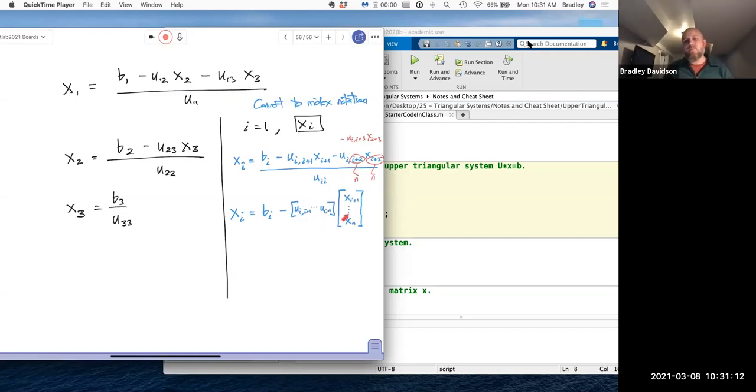Because this is a matrix multiplication, we're multiplying each of these elements by each other and then adding them up. The negative sign in front takes care of the subtraction in the numerator. And then the denominator is always the same. It's u sub i, i.